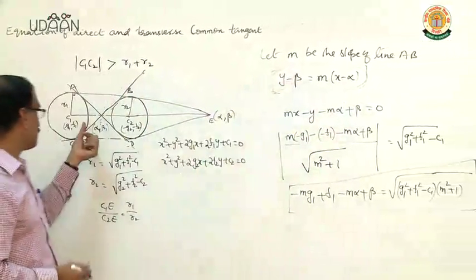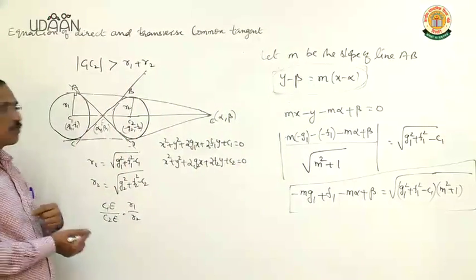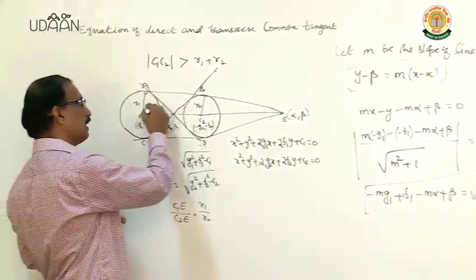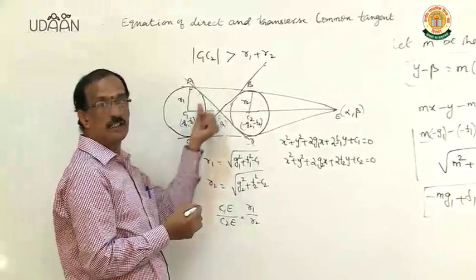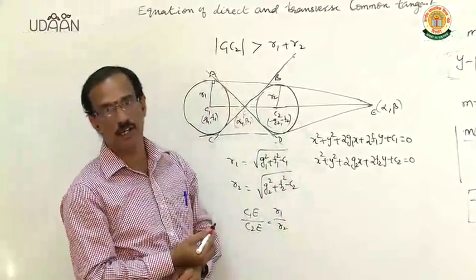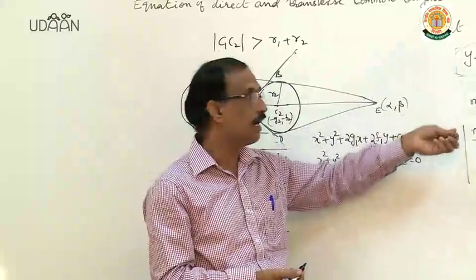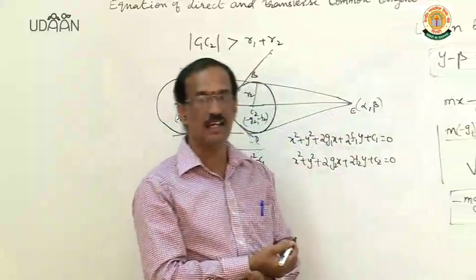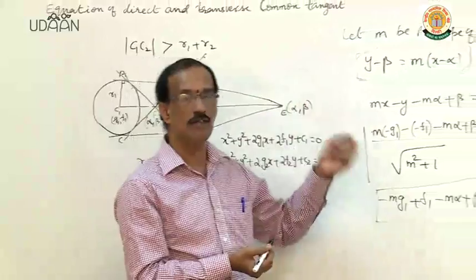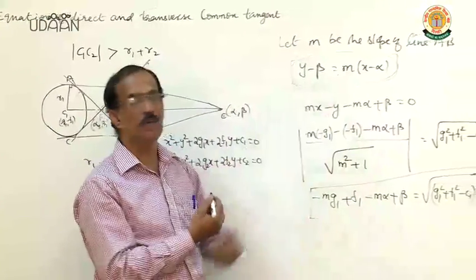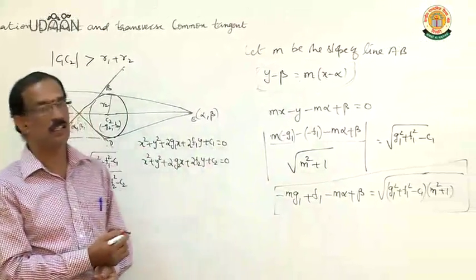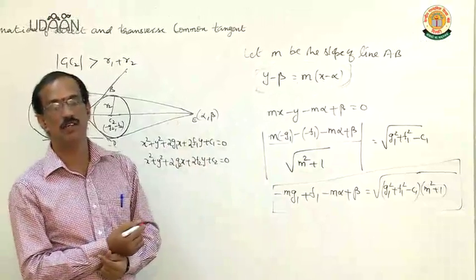Again this is a tangent, which means from the center its distance is equal to the radius. From there we get a quadratic in m. So, from there you get the value of m, and then the equation of the tangent, that is the transverse common tangent, we can get.